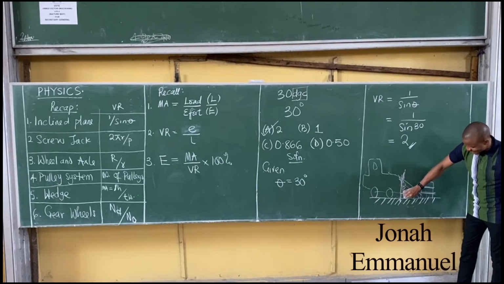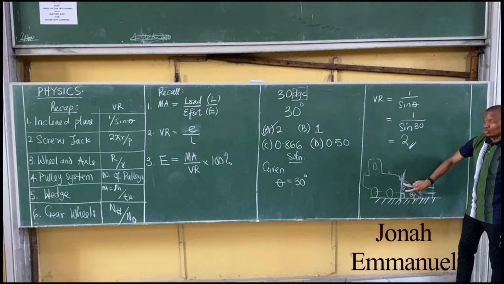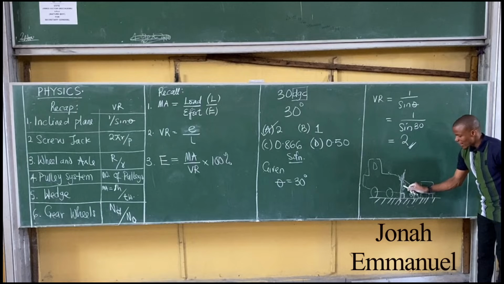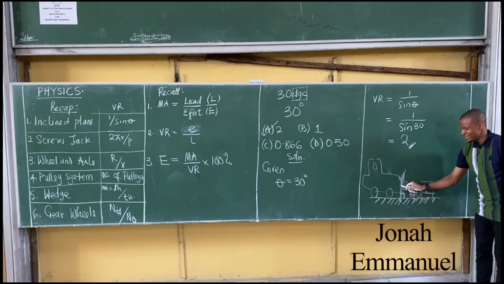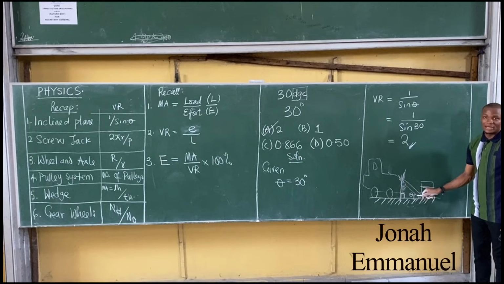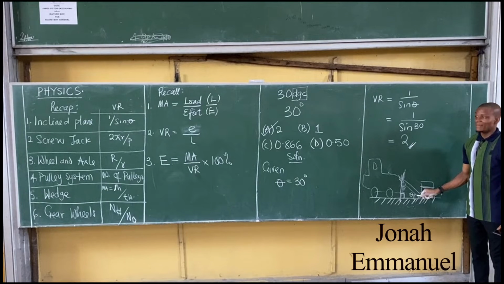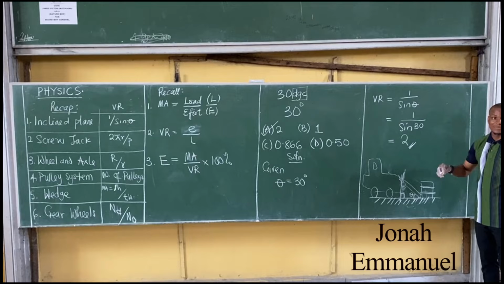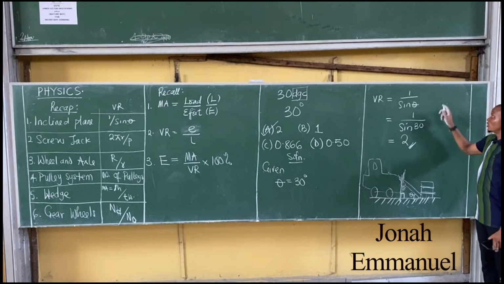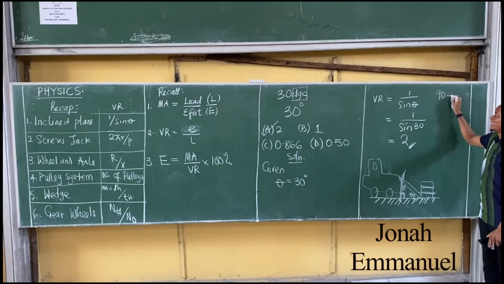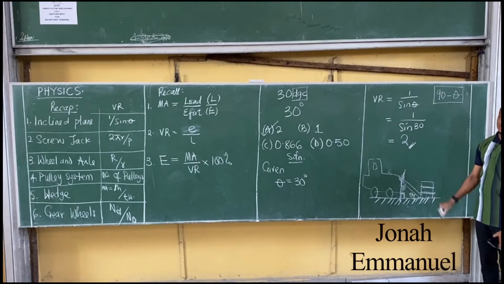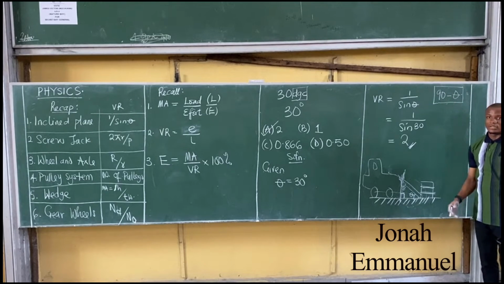This one alone is 90, so I have these two combined to be 90. Hence, if they say that the angle of inclination to the vertical is 60 degrees, what would this one be now? 90 minus 60, which is what there? 30 degrees. That means if I'm given the angle of inclination to the vertical, it becomes 90 minus that angle to give you the angle of inclination to the horizontal. That's the case there.